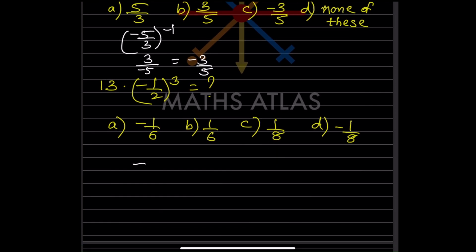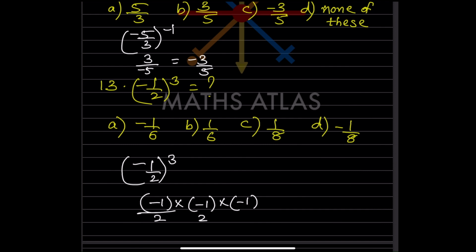Now again you will look for, so what are you going to do? You are going to write this 3 times, and multiply it 3 times. So when you write negative 1 by 2 three times, that will be better to avoid the confusion.